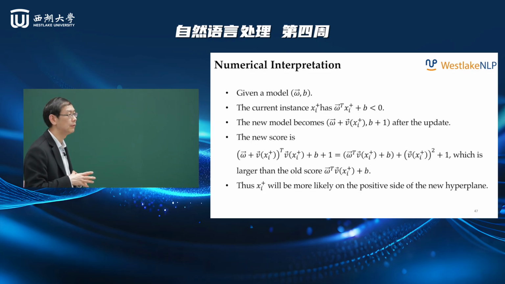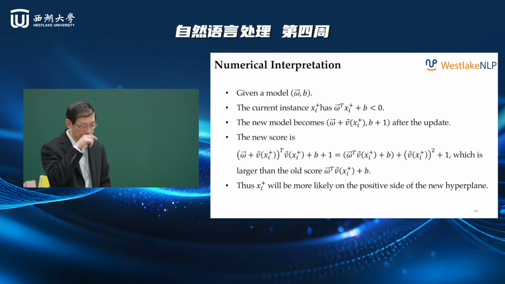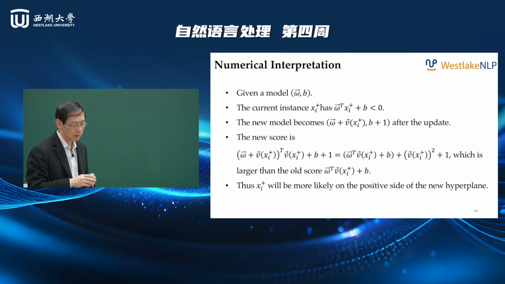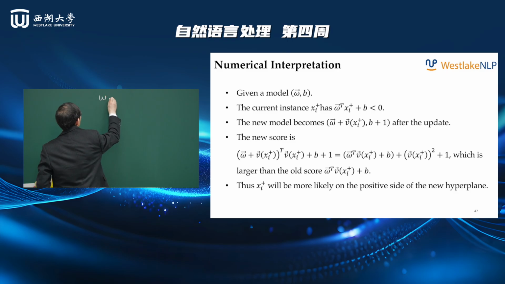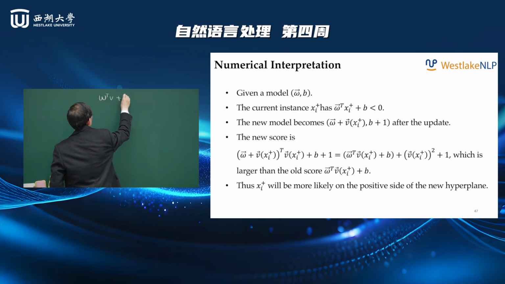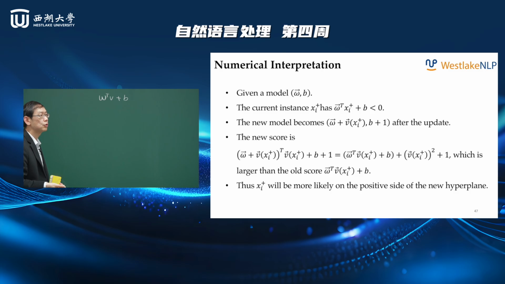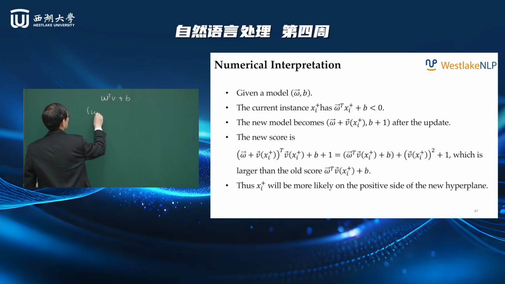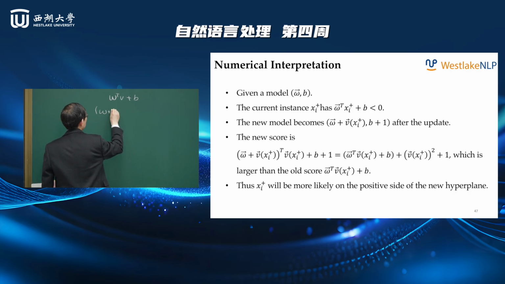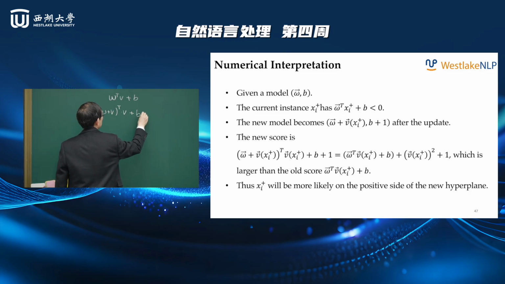But you can also prove it arithmetically. The original score is omega V plus B. And what is the new score? The new score is omega plus V, transpose V, plus B plus 1.